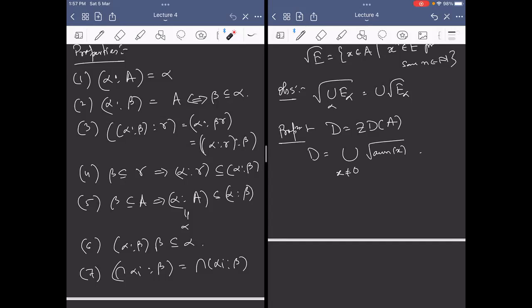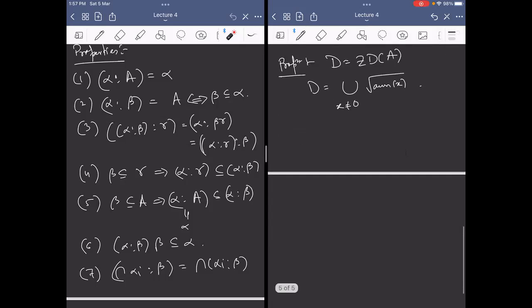You see that the annihilator of x is an ideal, because you take all the elements a such that a times x becomes 0, and this is clearly an ideal. In the colon ideal notation, it is the colon ideal of 0 and the principal ideal generated by x. What we will show is that the zero divisor set is the union of these radicals.